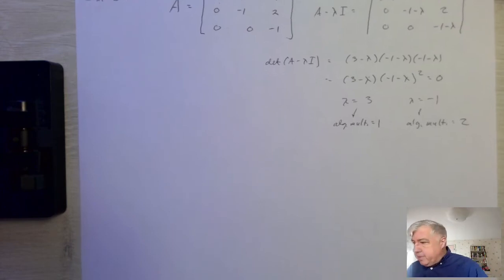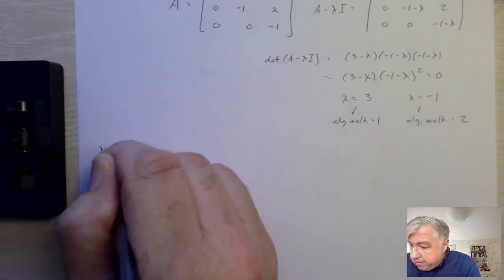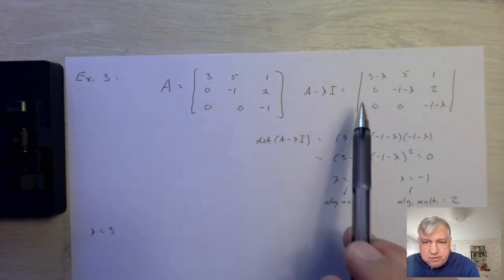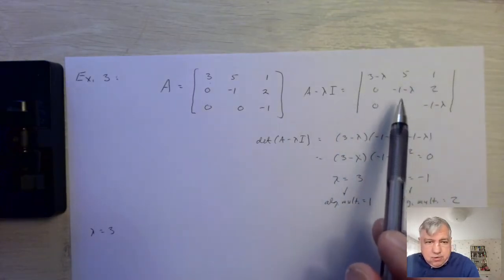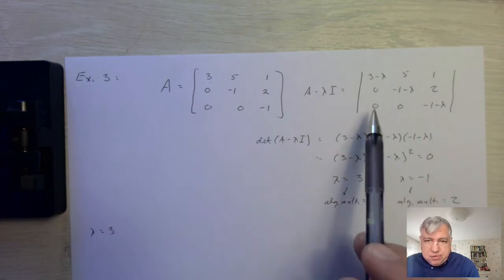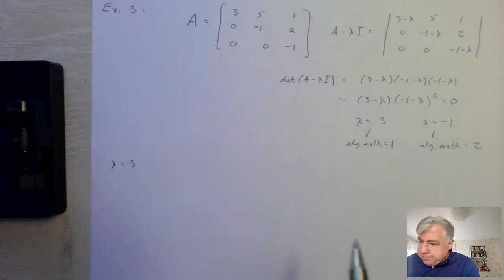All right. As we did before, let lambda equal 3 and plug it in here. We get 0, 5, 1; 0, minus 4, 2; and 0, 0, minus 4.